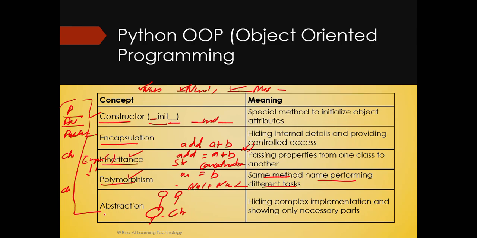Fine. What is abstraction? Abstraction is hiding the complex implementation and showing only the necessary part. I don't want to show every detailed complexity to my child class or whoever is trying to inherit me.